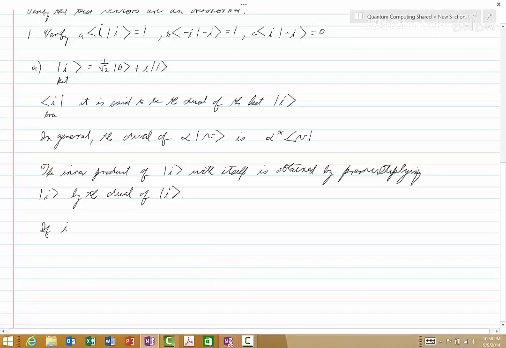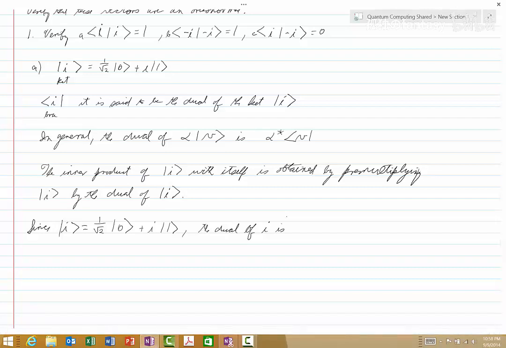Since I is equal to 1 over square root of 2 times the ket 0 plus I times the ket 1, the dual of I is, now remember, what we're going to do to take the dual is we're going to take the complex conjugate of any scalar multiplier, and we're going to turn every ket into a bra.